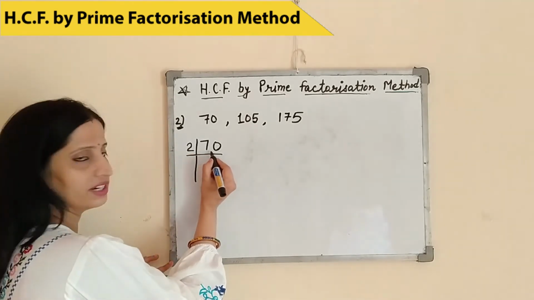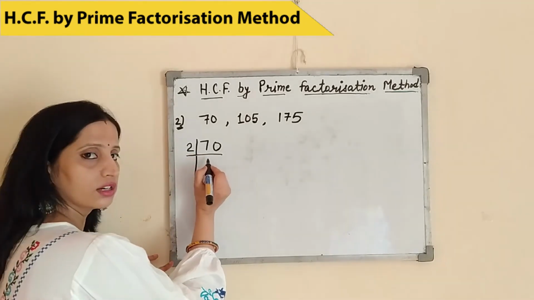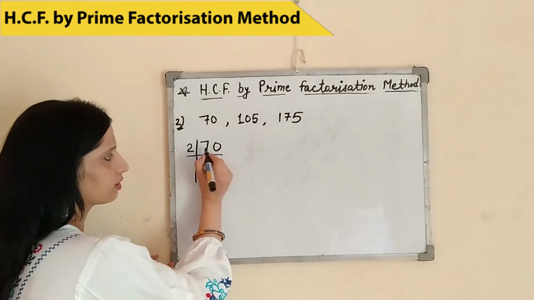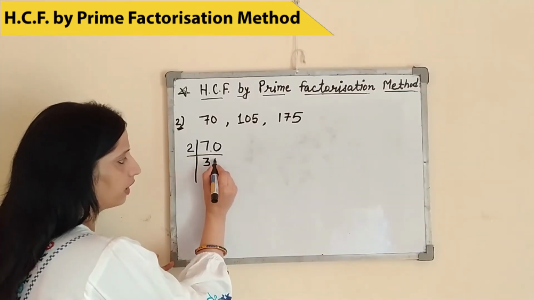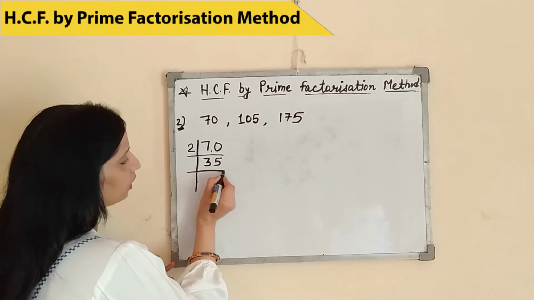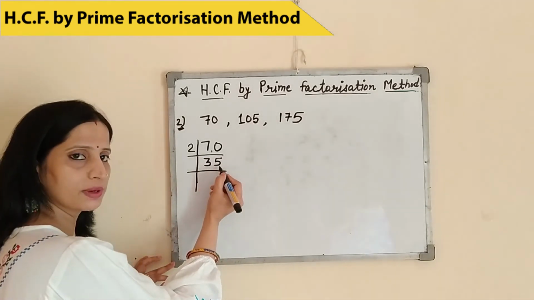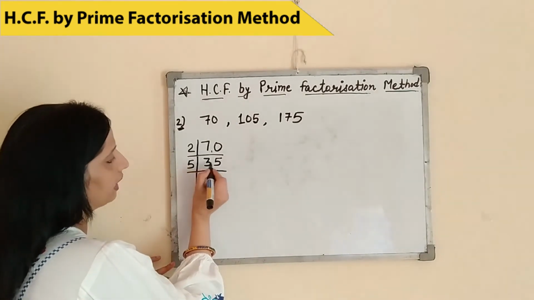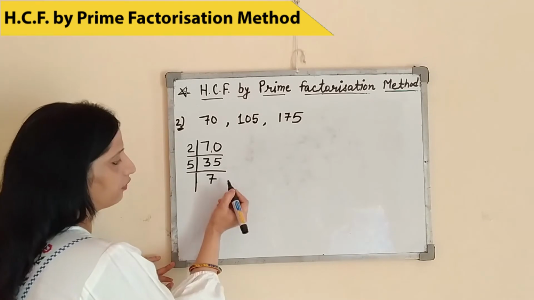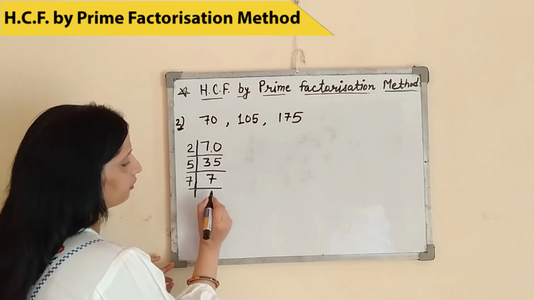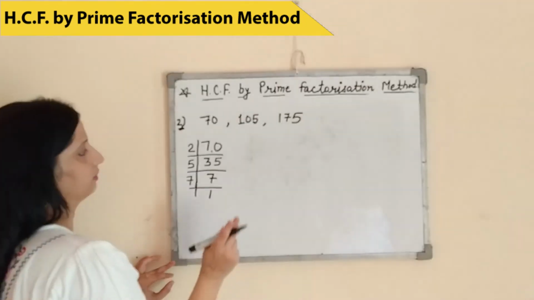When we divide 70 by 2, we get 35. 2 3s are 6, 1 will be left, and 2 5s are 10. Now 35, we know it is divisible by 5. So do it by 5. 5 7s are 35 and then 7 will be divisible by itself. It is a prime number.